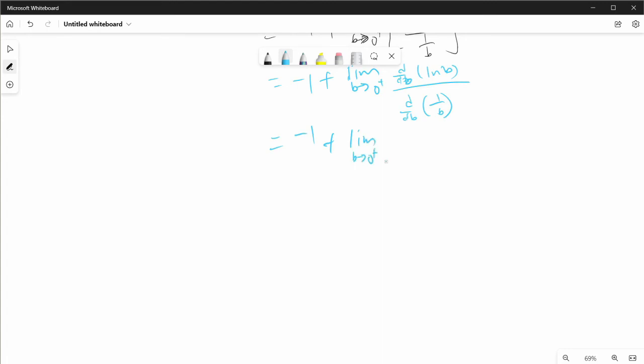The top part is now 1 over b, that's the derivative, and then the bottom part is just negative 1 over b squared.